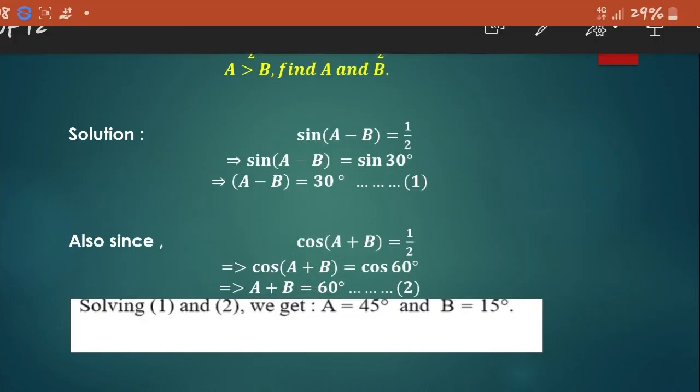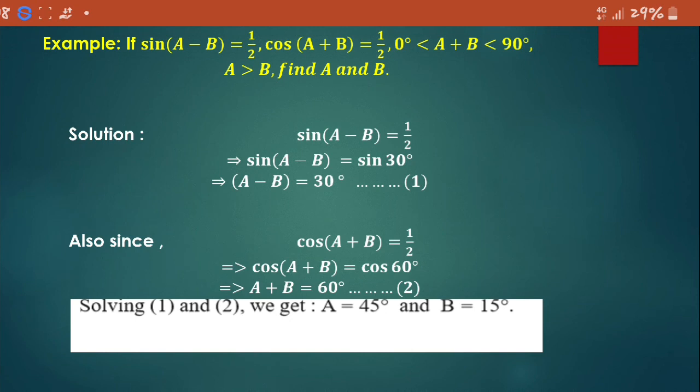Now the next example. We are given that sin of A minus B is equal to half, cos of A plus B is equal to half, where the sum of angle A plus B is less than 90 degree and A is more than B. Find the value of angle A and angle B. Given that sin of A minus B is equal to half, and you also know that the value of sin 30 degree is equal to half.